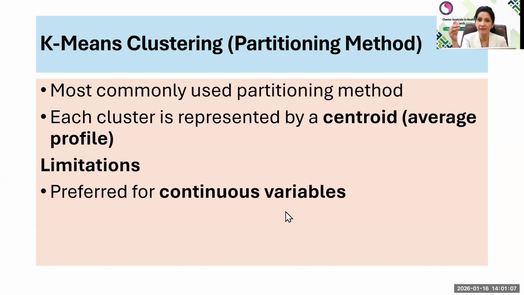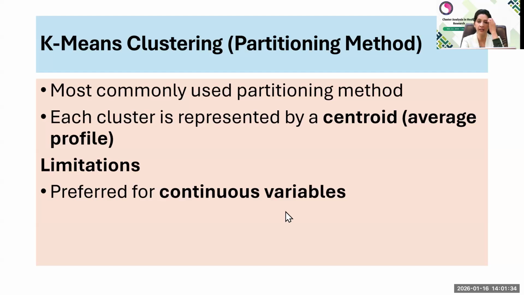It doesn't take a categorical variable, because for categorical variables there are other methods in R, Python and any other statistical software. But you can do this partitioning-based clustering if you have continuous variables.